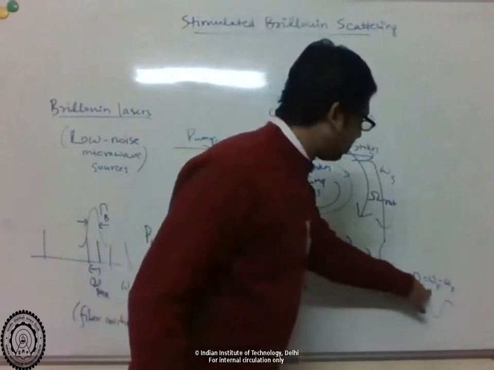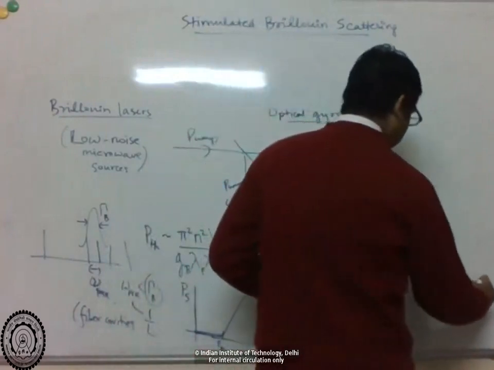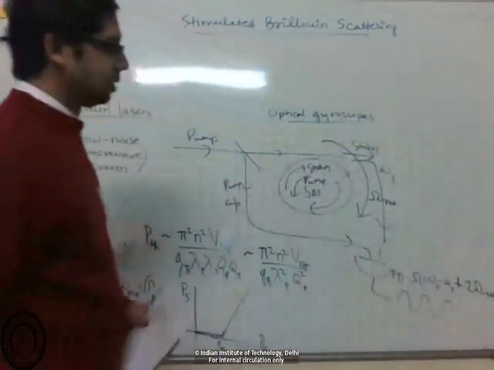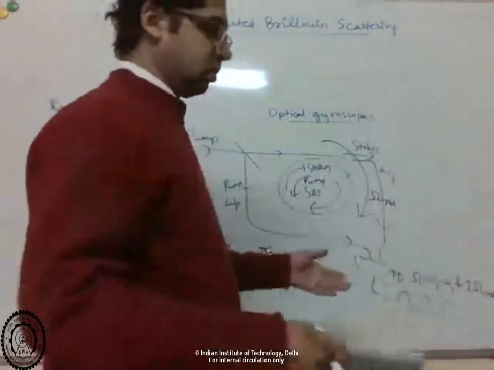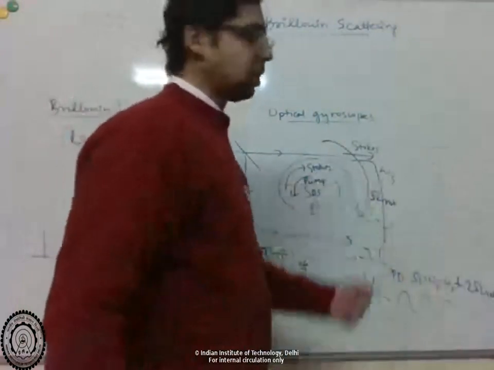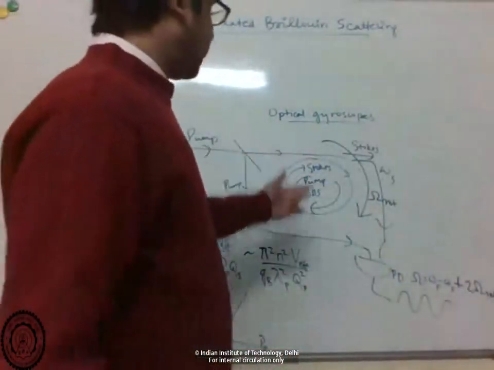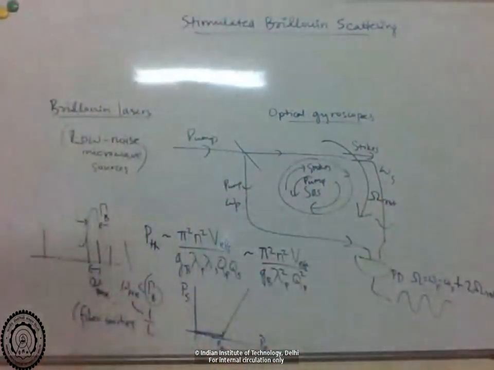So the beat frequency that you get will be shifted by twice this rotational frequency. So you can sense whether whatever device you are on is rotating at some rate or not. And with these fiber-based gyroscopes, you can sense very small motions.